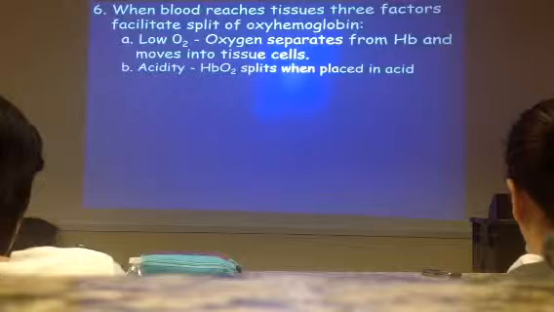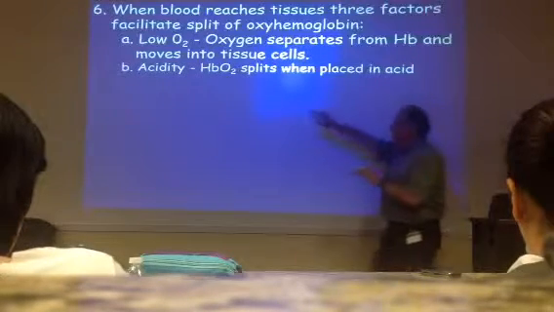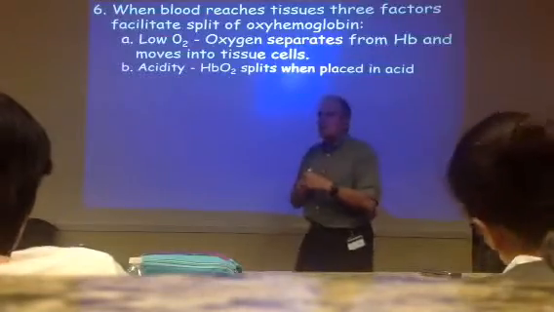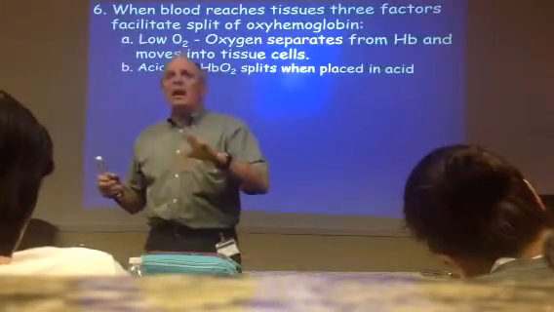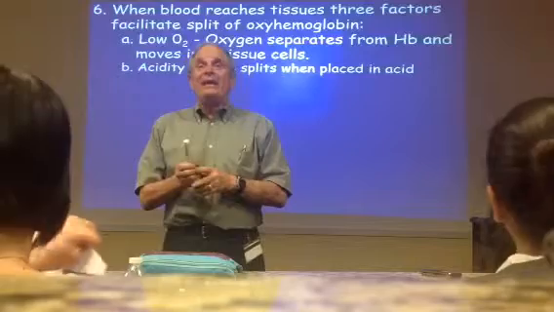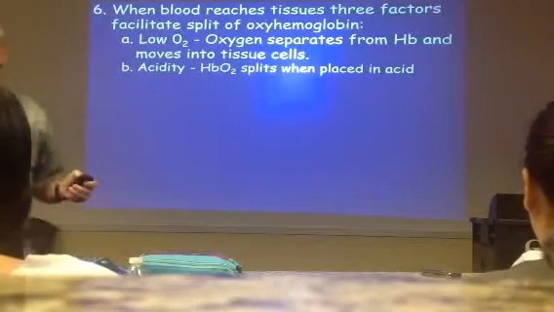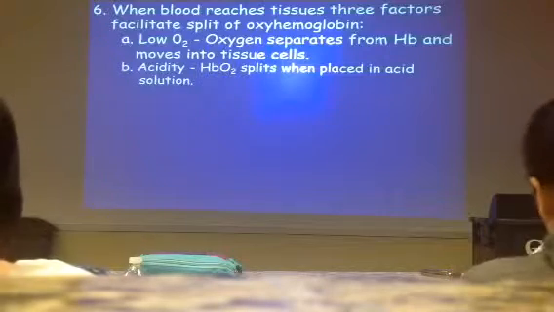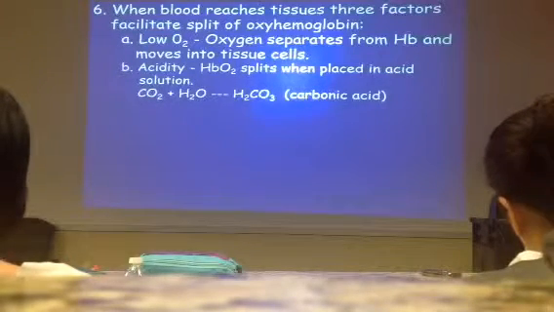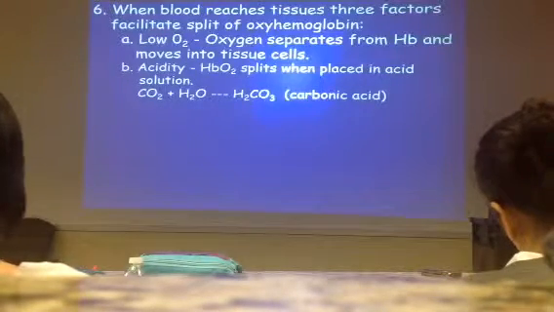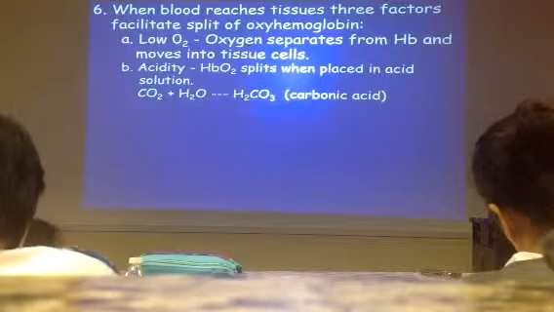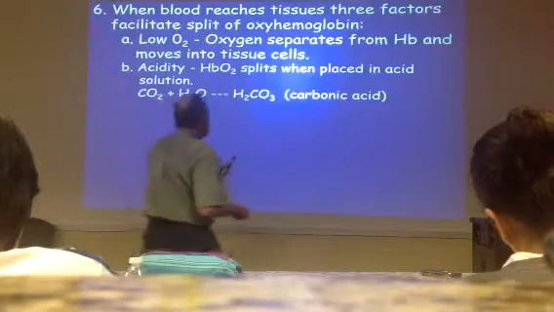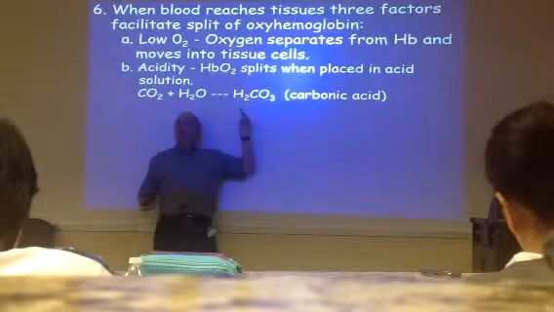So at the tissue level, HbO2 splits when placed in an acid. It's more acid at the tissue level. Why? We're going to get to that in a few minutes again. Now, right here, when placed in an acid solution, H2CO3, and you've had a little chemistry, this, everybody, is a weak acid.